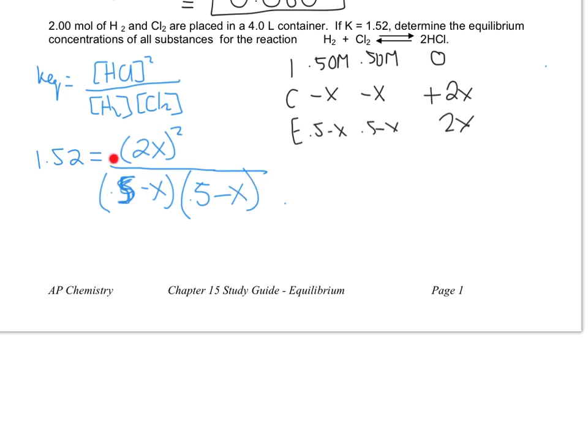So enter that whole thing into y1. Then for y2, you enter the KQ value. You enter 1.52. So I'm going to give you a minute to go ahead and enter that into your calculator. So this whole thing goes into y1. Again, make sure you use parentheses there. And then 1.52 goes into the y2 part.